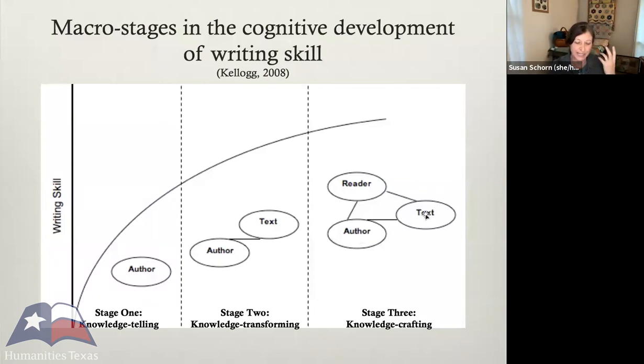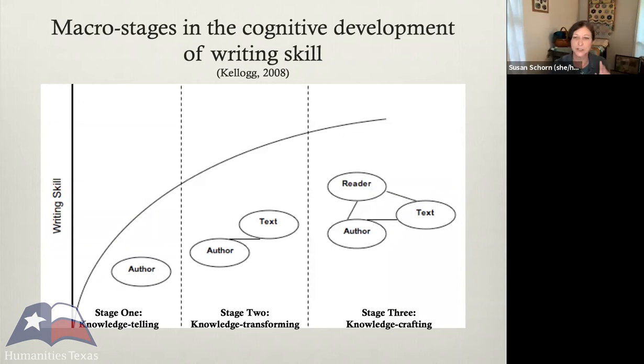They also understand that there is a text that reads a little bit differently from what they had in their mind. And they understand further that there is a real reader out there, a human being who's going to read that text and make assumptions about it and see it in a certain way that's going to be separate from these other two things. Okay, so knowledge crafting adds how a reader's going to react to what's on the page.